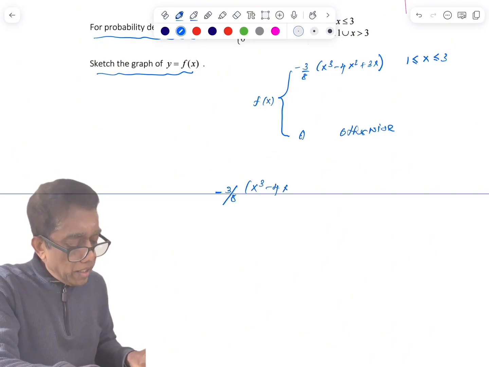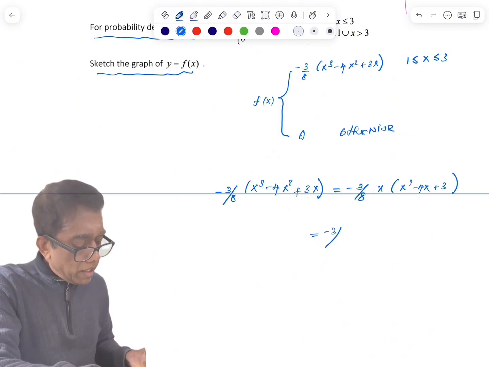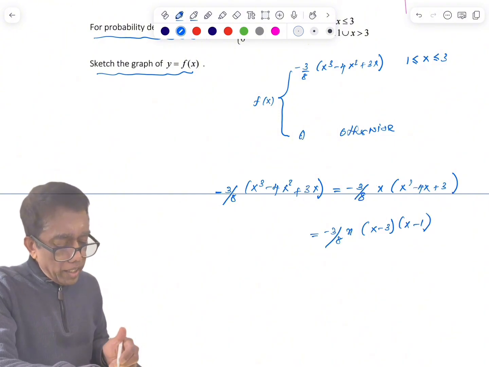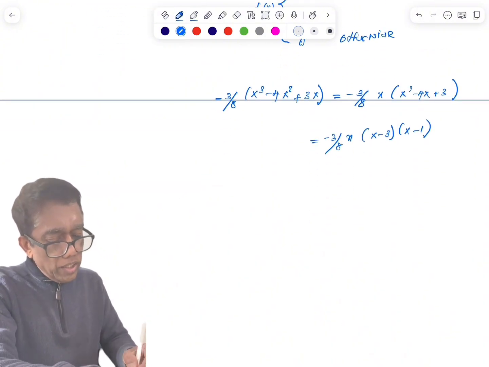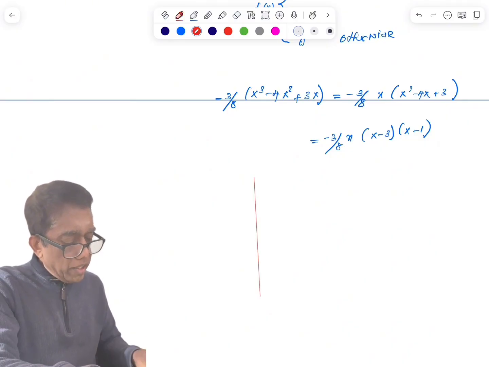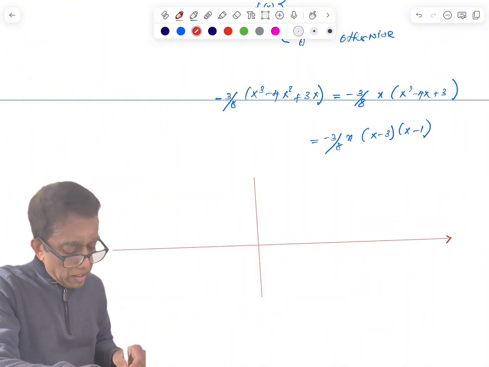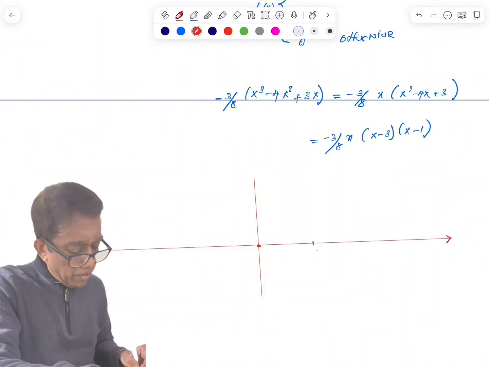The first step, I'll factorize it. If I take the common factor x out, it is x squared minus 4x plus 3, so negative 3 over 8 times x, times (x minus 3), times (x minus 1). Now what are the x-intercepts of the graph? 0, 1 and 3.